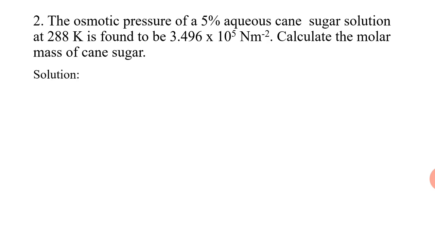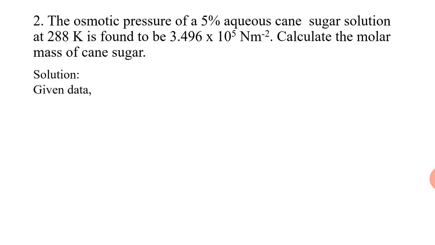Again, before writing given data, just read the sum and try to understand what is given. 5% aqueous solution means the weight of solute is 5 gram. Volume is 100 cm cube, so we have to convert it into meter cube. Temperature is 288 Kelvin. Pressure is 3.496 into 10 raised to 5 Newton per meter square, and we have to calculate M2.